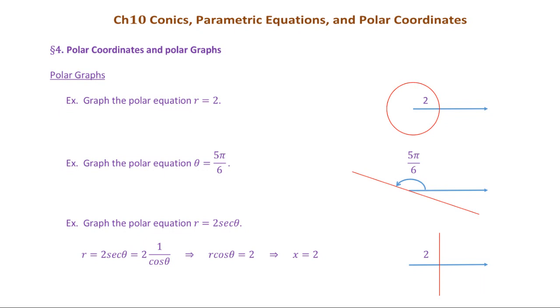How about the polar equation theta equal to 5 pi over 6? How do we graph this equation? What it means is all the points with the polar angle 5 pi over 6. That's actually the line with polar angle 5 pi over 6 passing through the pole.